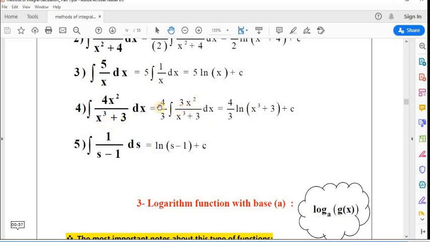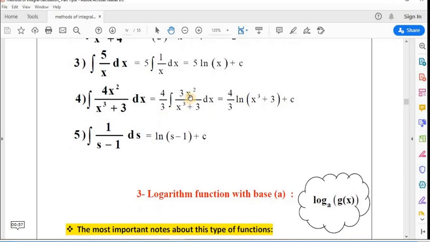The constant number we can take outside the integral, and we multiply by 3 and divide by 3, so the numerator and denominator are multiplied by 3. So it will be the original function, and here the derivative of this original function. So it will be ln (x to the power 3 plus 3) plus the constant.